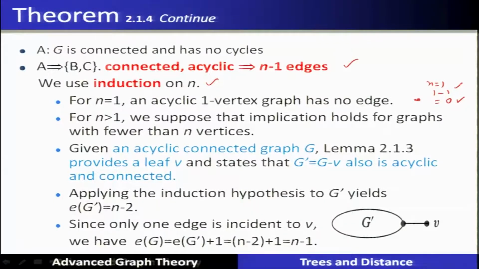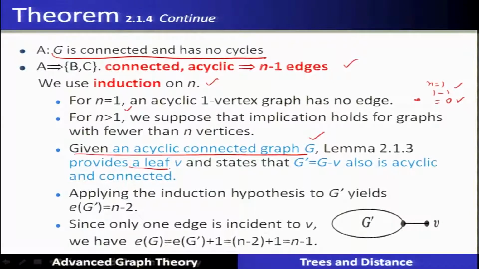Now, if n is greater than 1 and we suppose that the implication holds for graphs with fewer than n vertices, given an acyclic connected graph G, that is the statement we are given. If we apply Lemma 2.1.3, we are provided with a leaf node.